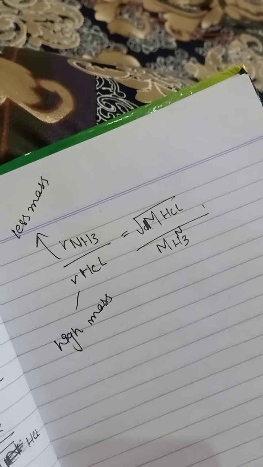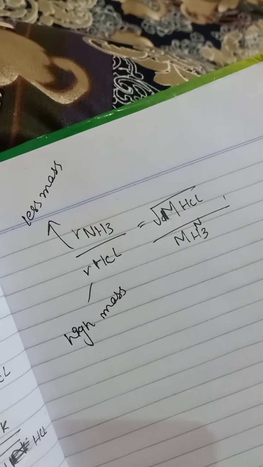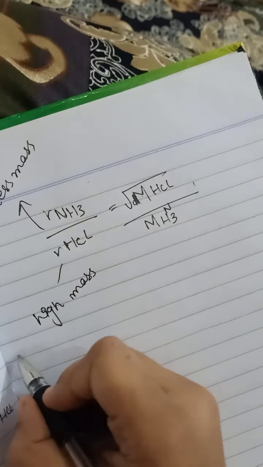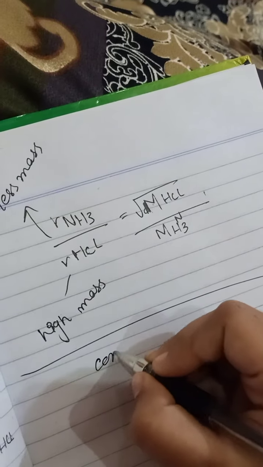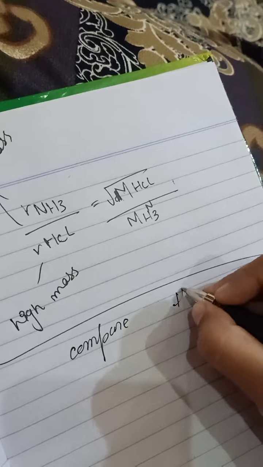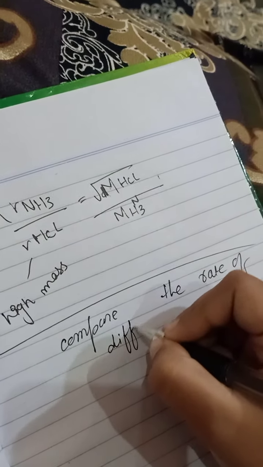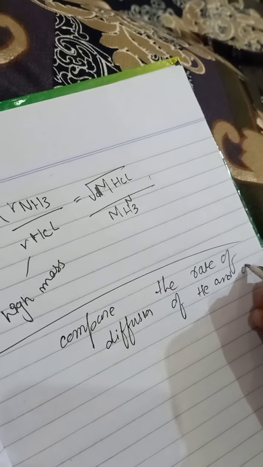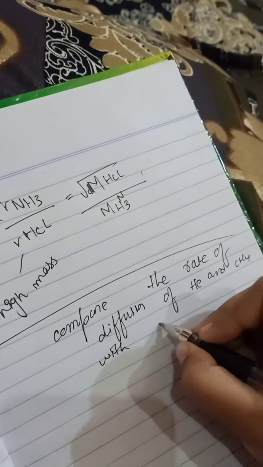So let's do a conversion to understand how to solve the problems. Problem number one: compare the rate of diffusion of helium and methane with the molar mass.